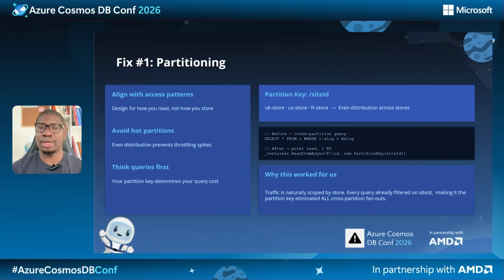Every meaningful query was already scoped to a single site. Making that the partition key eliminated cross partition fanouts entirely. It gave us predictable, consistent performance at scale, and is the reason we could switch to point reads at all. Notice on the right, this is what the Data Explorer looks like once the partition key is right. Every document belongs to an evenly distributed logical partition, no hotspots.